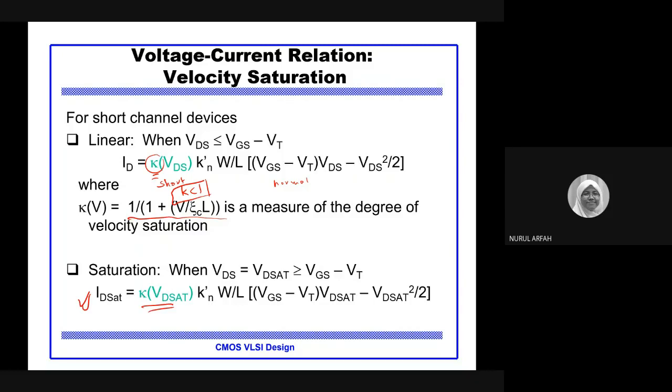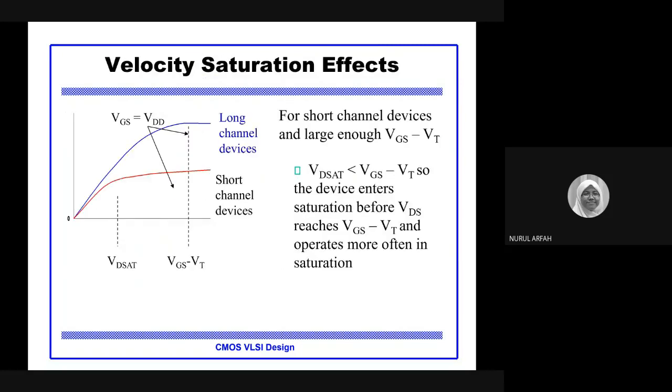We have this kappa times the drain saturation voltage times the normal equation here, right? You don't have to memorize, but you just need to know, and then you can refer back to the notes.